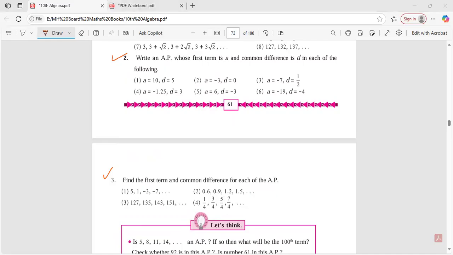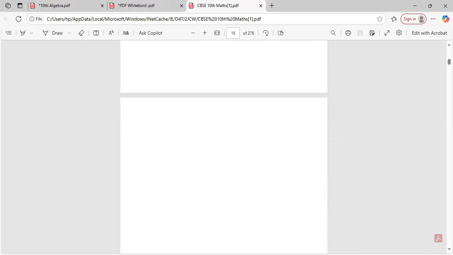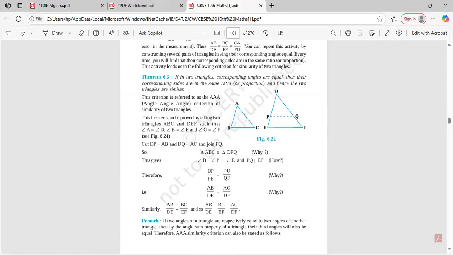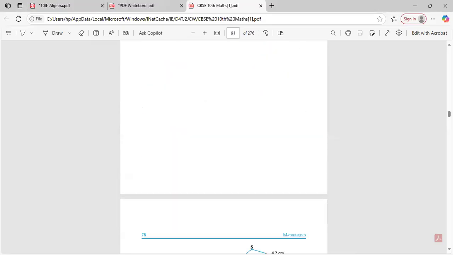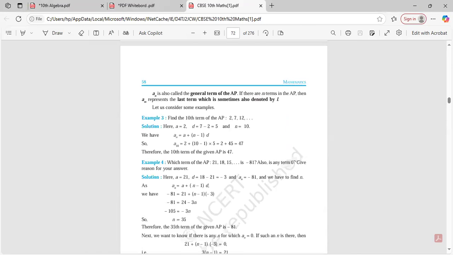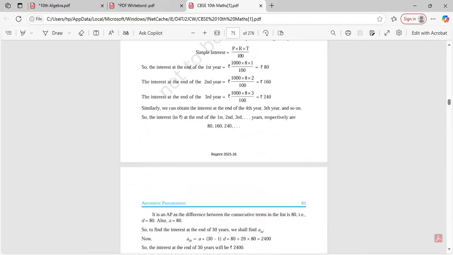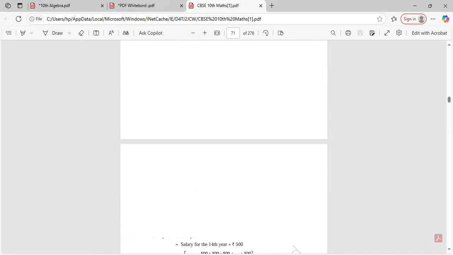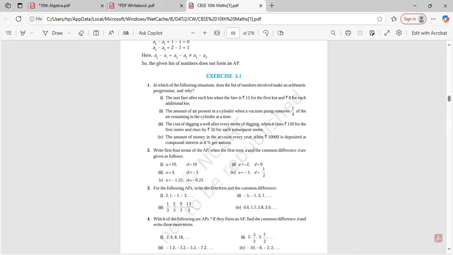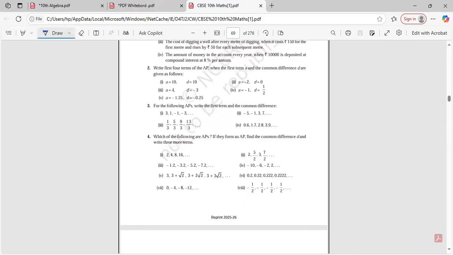One more thing was there. Let me share with you again. Find first 4 terms of AP when the first term a and common difference d are as follows.